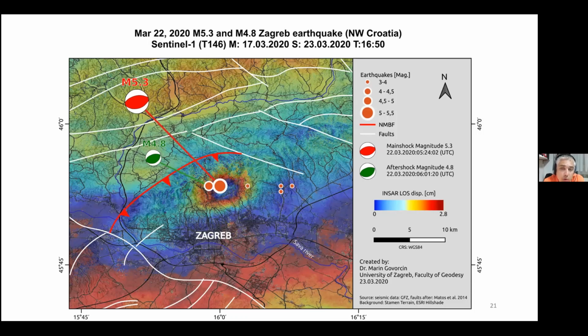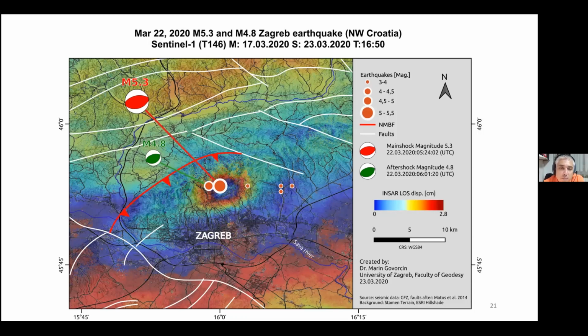I have to say that this interferogram was compiled or produced by my colleague Marin Govorcin, coming from the same Faculty of Geodesy of the University of Zagreb. Just a few explanations.